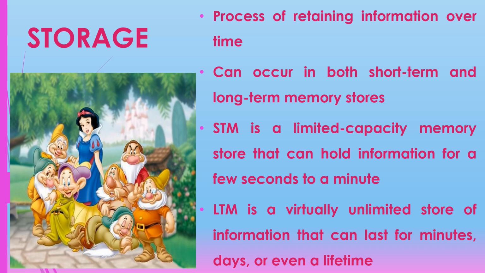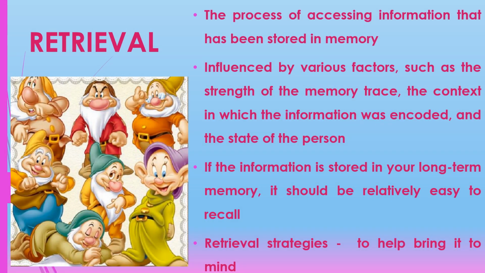So in the first stage, the information is encoded, and in the second stage, it is stored. The third stage in the memory process is retrieval. So first was encoding, then comes storage, and now retrieval.